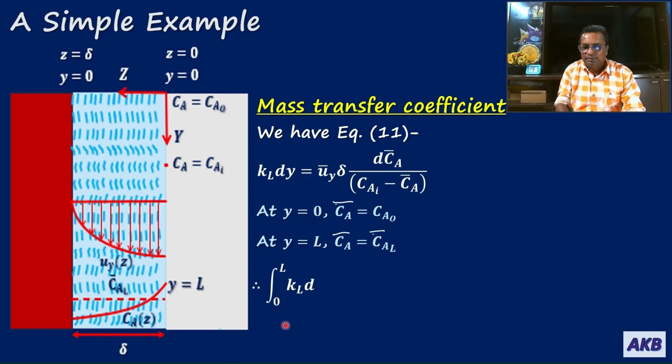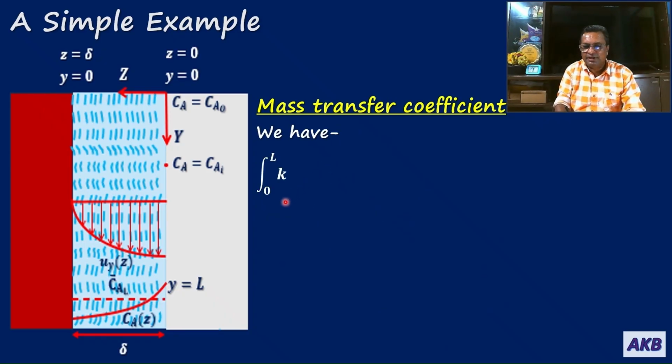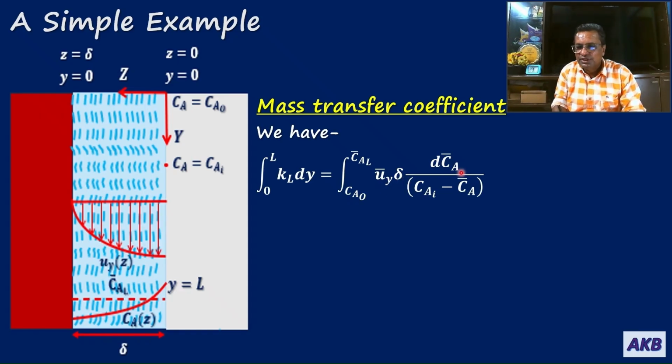So it will be integration from 0 to L of KL dy, that is equal to integration from CA naught to CAL bar of Uy bar into delta into dCA bar by CAI minus CA bar.